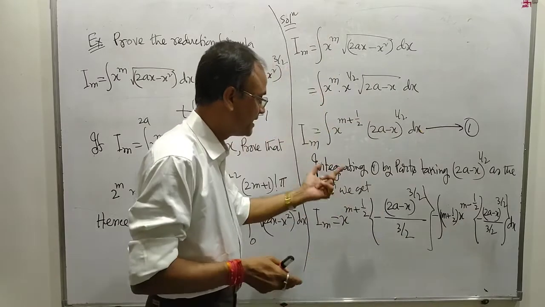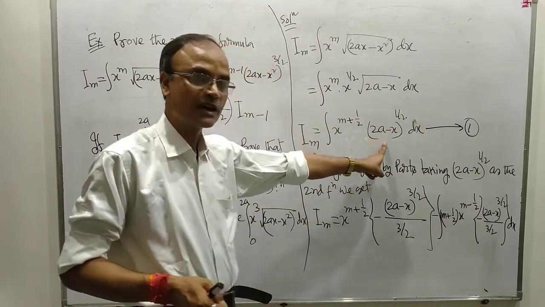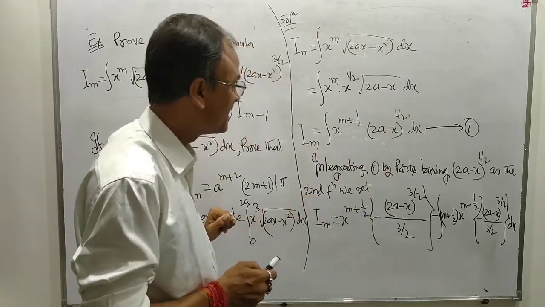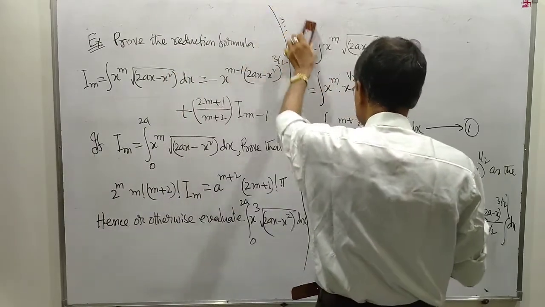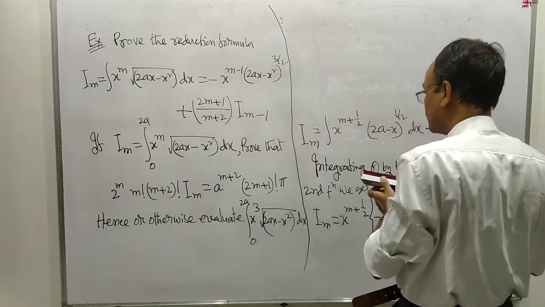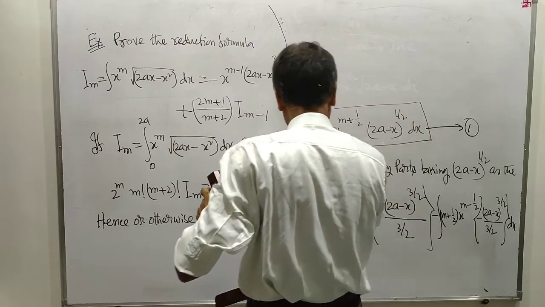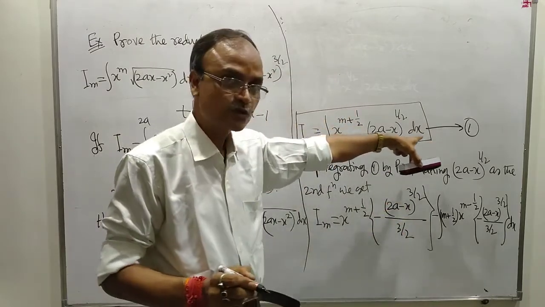Right? Integrate this by parts, taking twice a minus x whole to the power half as the second function, you will get this one. Now I_m is equal to this. Just remember, I_m stands for x to the power m plus half, twice a minus x whole to the power half.